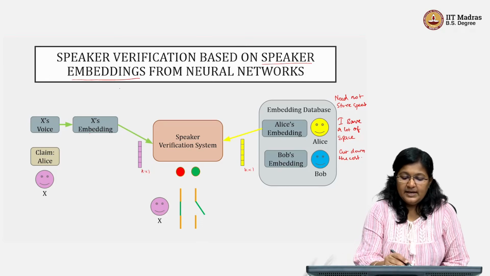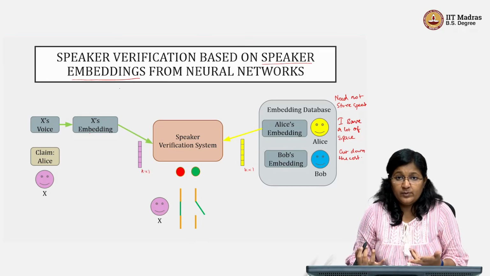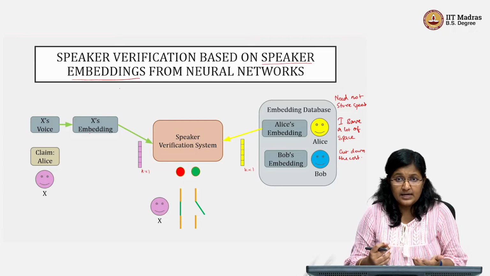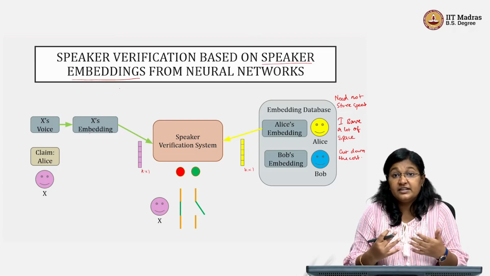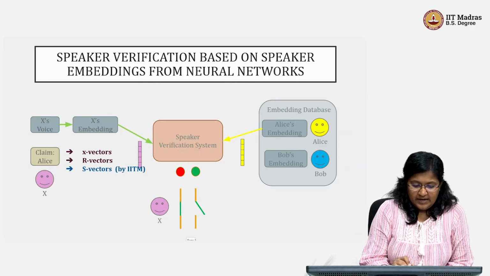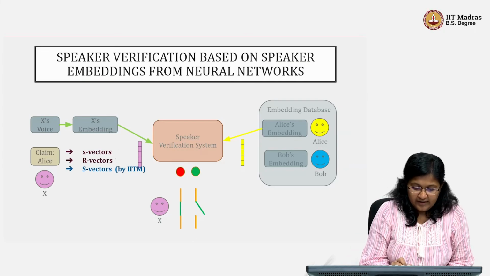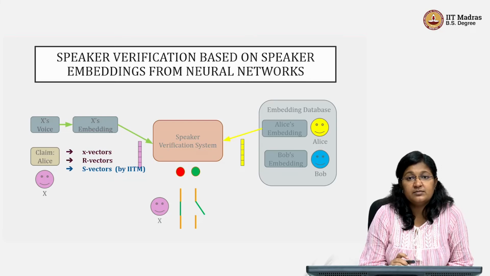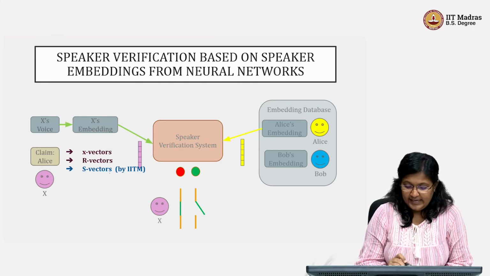Now, these embeddings can be obtained from different types of neural networks, and based on the type of network, they get different names. You have X vectors, R vectors and S vectors. X vectors are from time delayed neural networks, R vectors are from ResNet based networks, and S vectors are from transformer encoder based networks. This is in-house by IITM Speech Lab.